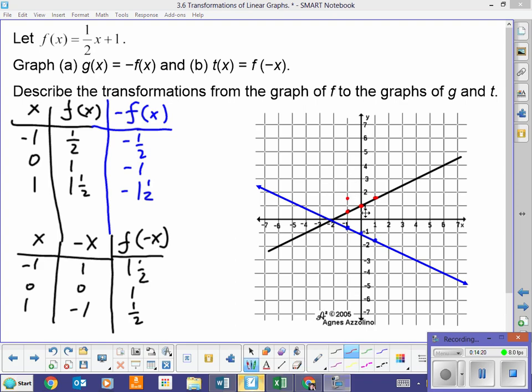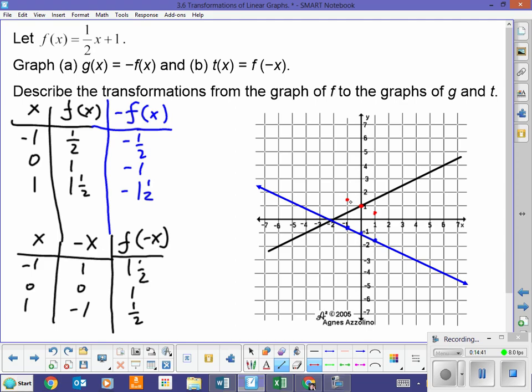Sorry about that. 0 still goes to 1. So -1, 1.5, and then 1, 1/2 down here. So this one is gone, and that one's gone. Okay, so there's my reflection of the parent function. This one is across the y-axis. This one's across the x-axis.